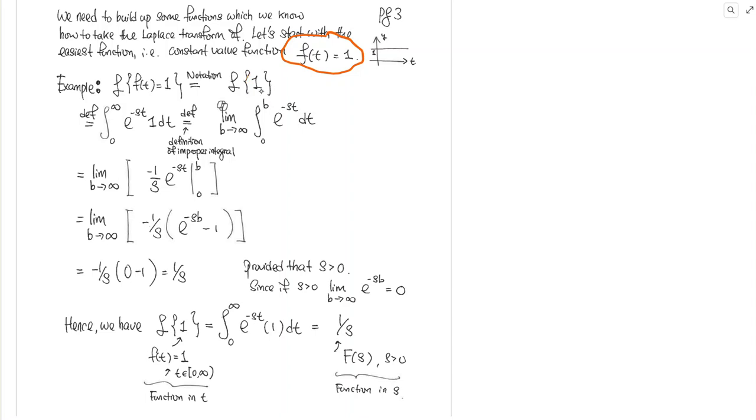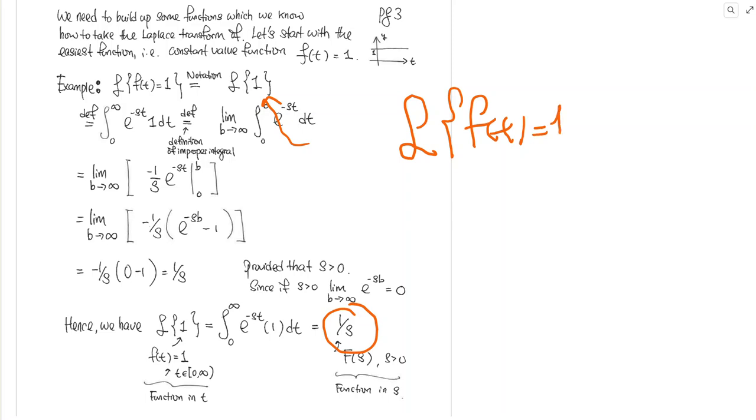So even though you see something like this, it is understood to be a constant value function. Then we saw on Thursday how to use the definition of the Laplace transform and compute the integral. The definition is given by an improper integral like this, and after the computations you see that we got 1 over s. That's the Laplace transform of a constant value function.